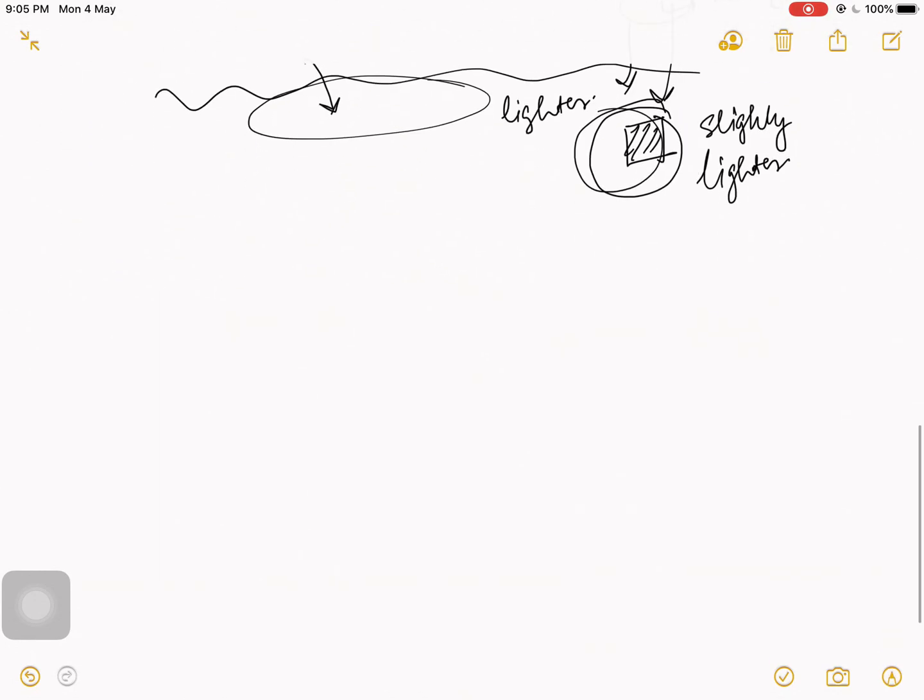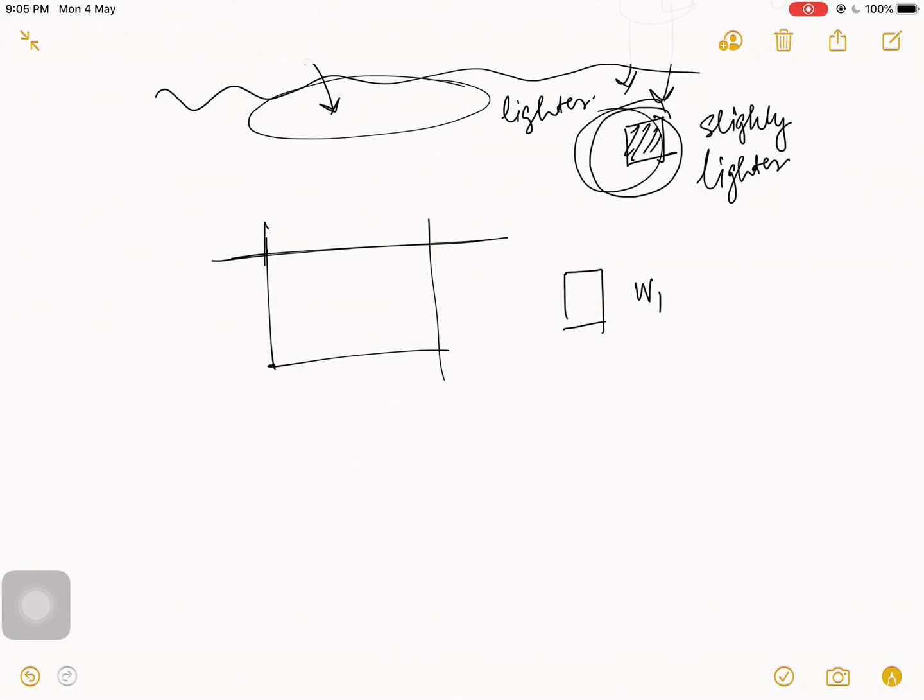That means, suppose this is the jar and this particle's weight is W1. When you put this particle in here, this is the first water level. After putting this particle, the water level increases, and that is water level 2.